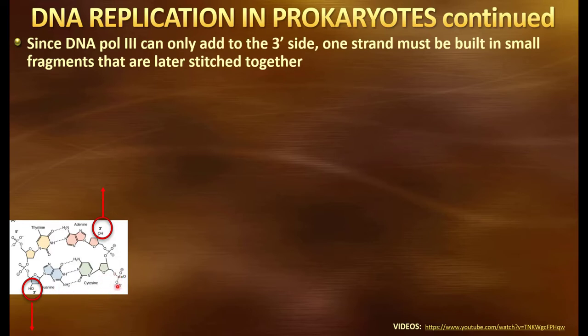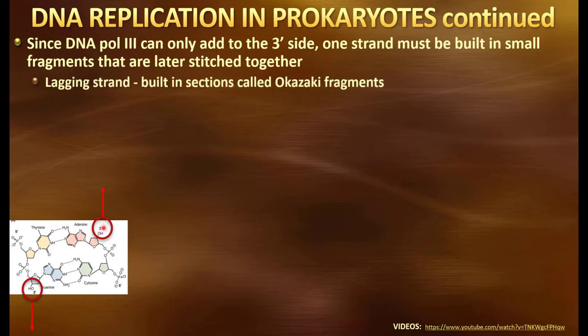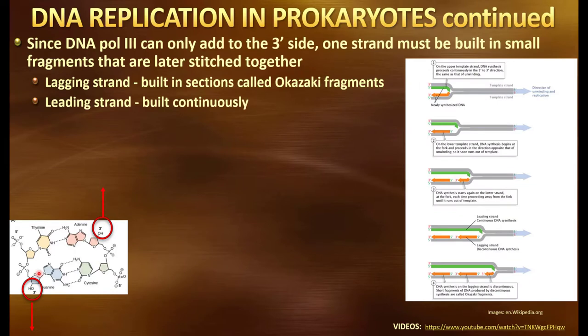But I can't do that over here. On this side, I have to build it the other direction. Since our two strands are going to be built differently, we refer to them as our leading strand and our lagging strand. Our lagging strand has to be built in pieces called Okazaki fragments, and our leading strand can be built continuously. Let's take a look at this for now.